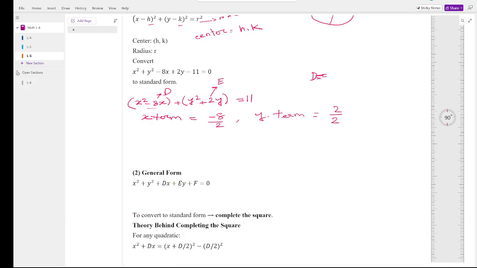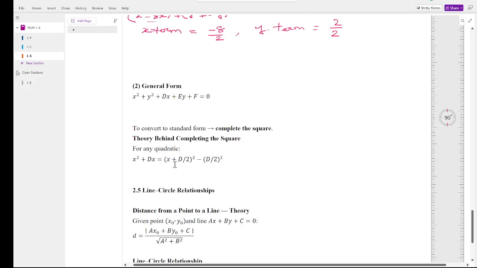So look, how can we find it like this for any quadratic? Okay, wait a moment, I will explain all.